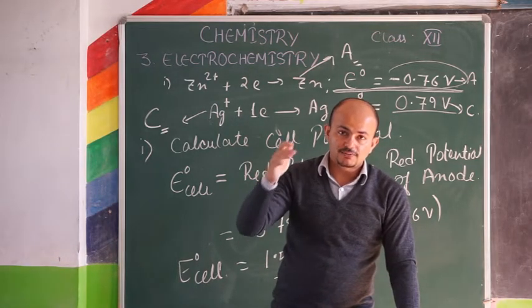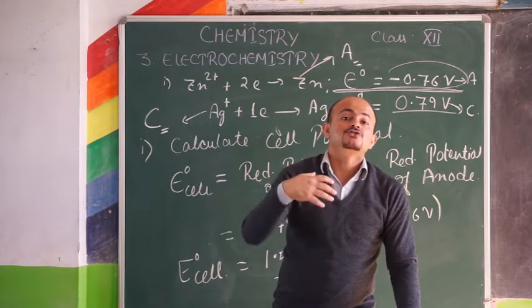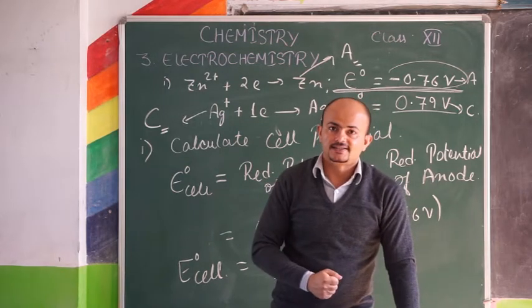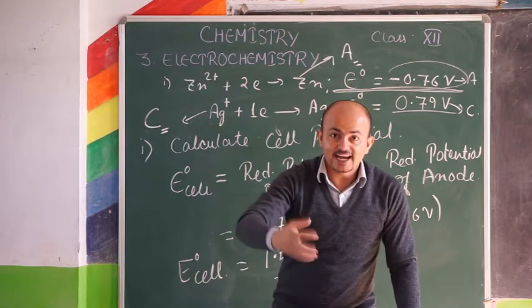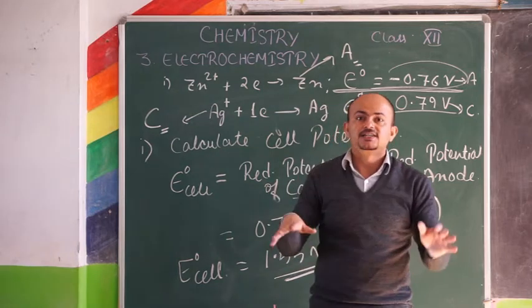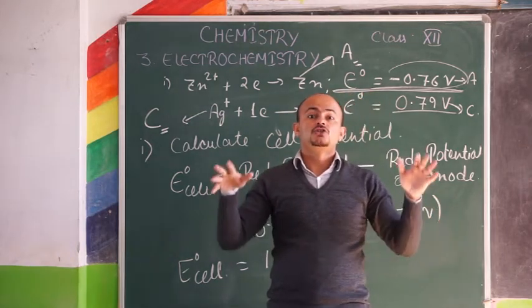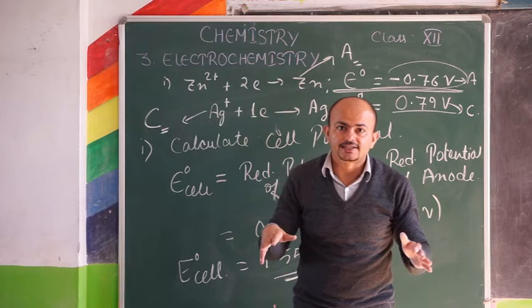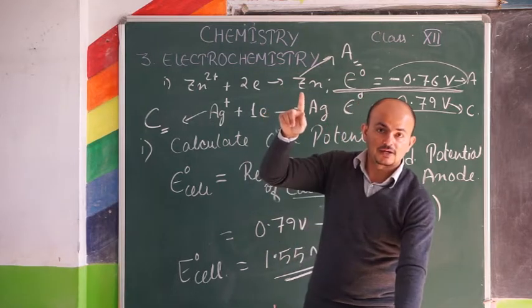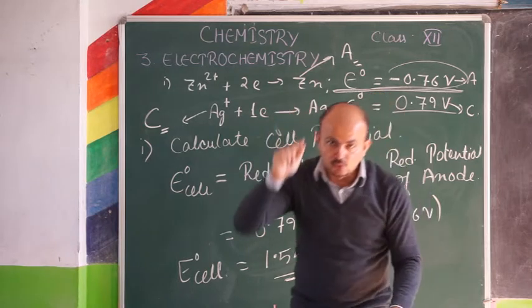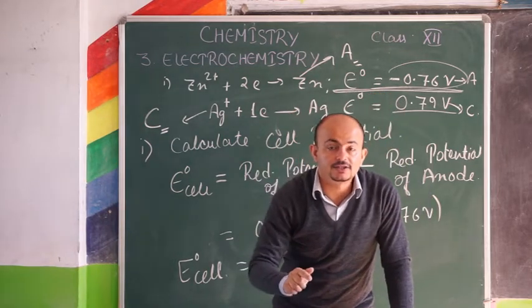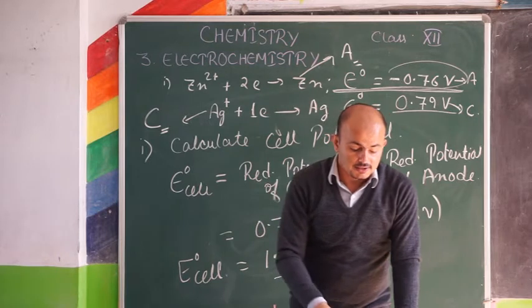The ones at the bottom are willing to give up electrons, so they act as the strongest reducing agents. The ones at the top are the weakest reducing agents, and the ones at the bottom are the strongest reducing agents.